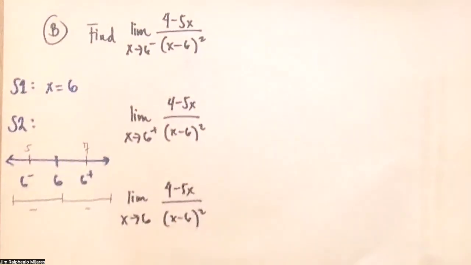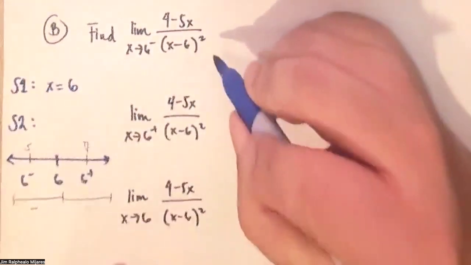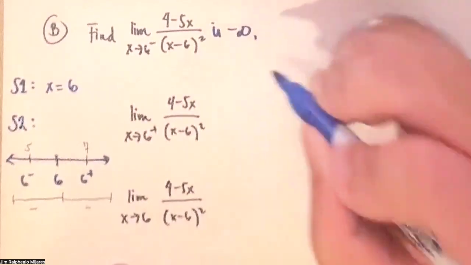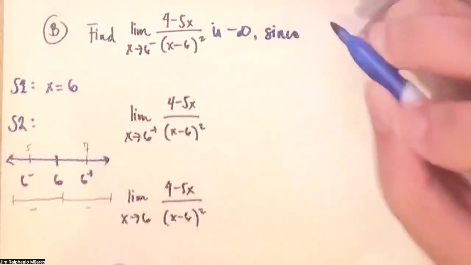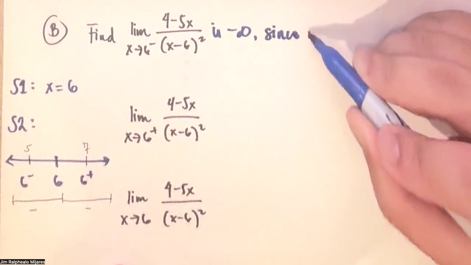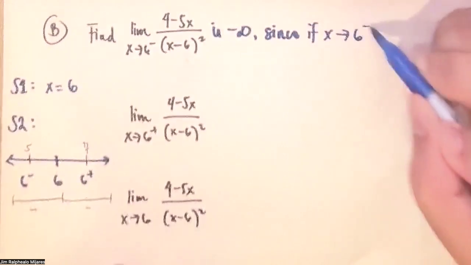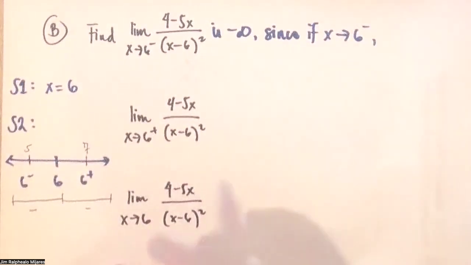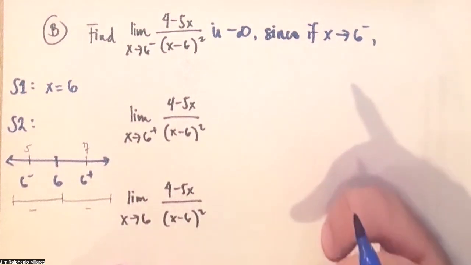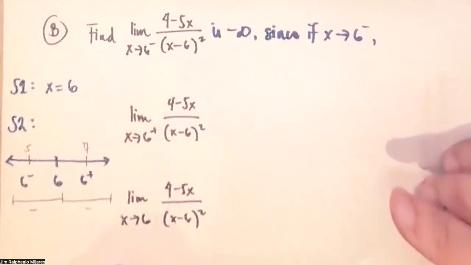this limit right here is negative infinity, since if x approaches 6 from the left, you're going to write what makes it negative. It's either the numerator or the denominator.